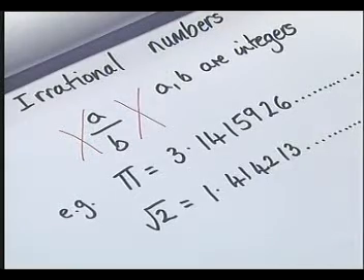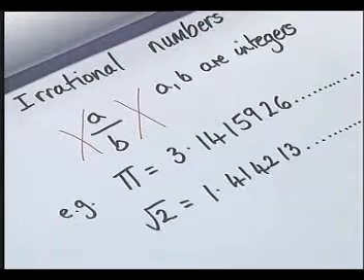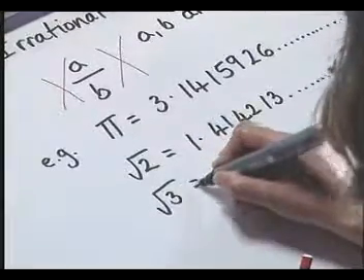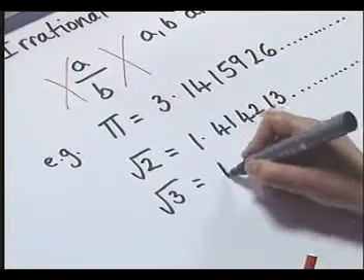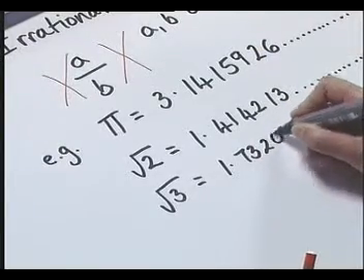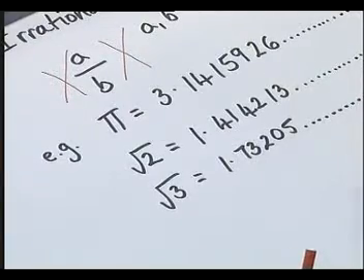They won't repeat. So again, it can't be expressed as a fraction. It's an irrational number. Other examples, the square root of 3. Again, this one is 1.7320 5, and again continues on forever with no repeating pattern.